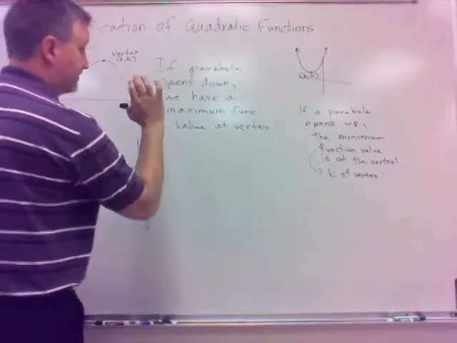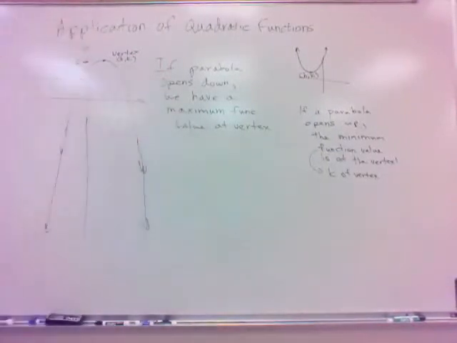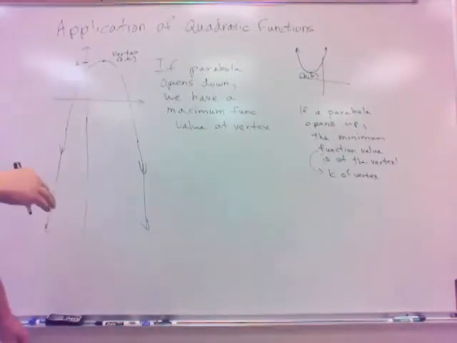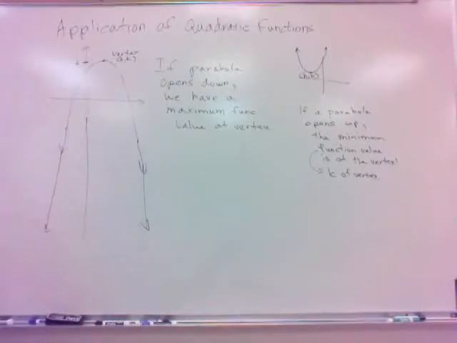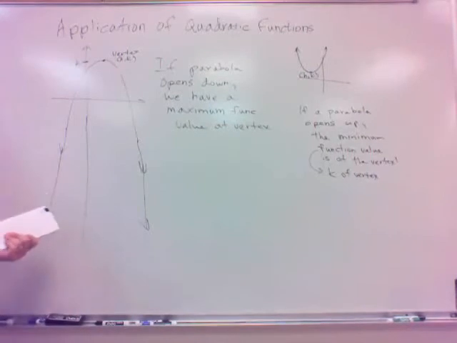And again, that maximum value, the actual value, is the k at the vertex, okay? Yeah, so that's going to be our application here: we're going to find some minimum or maximum values depending upon whether the parabola opens up or opens down. We can find one or the other.